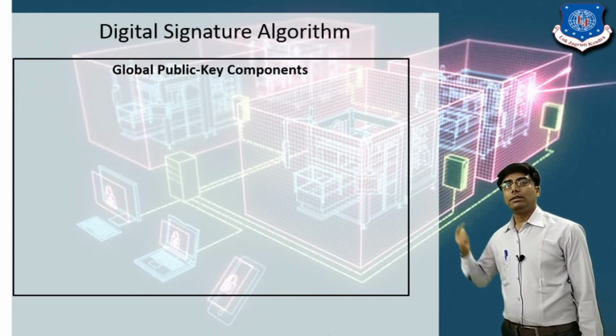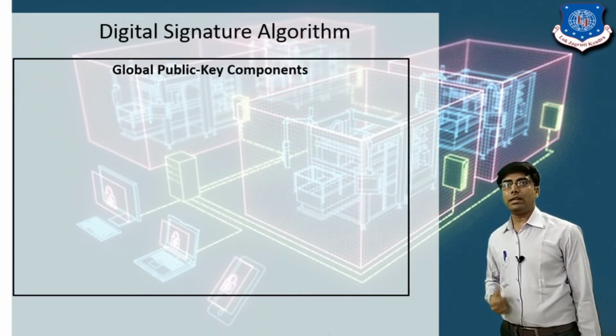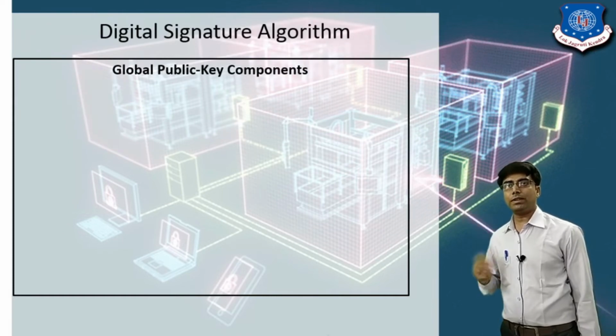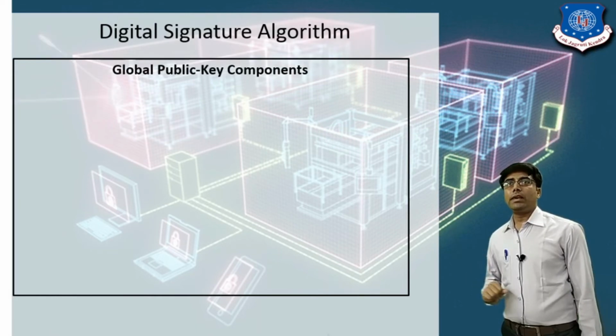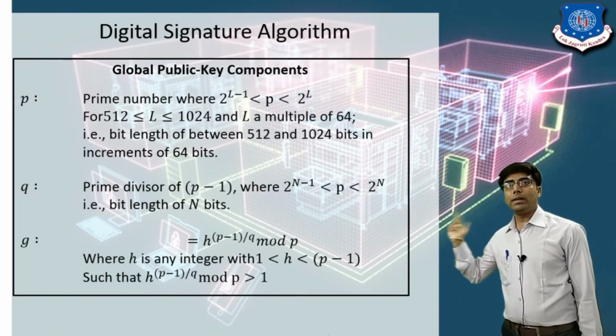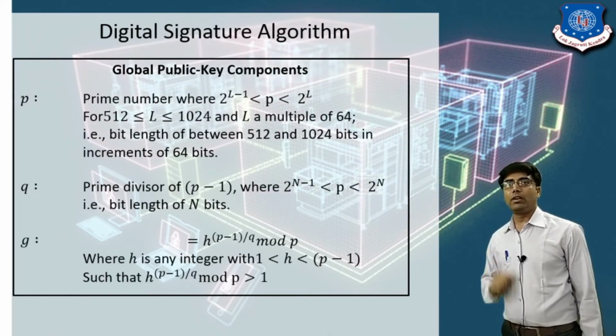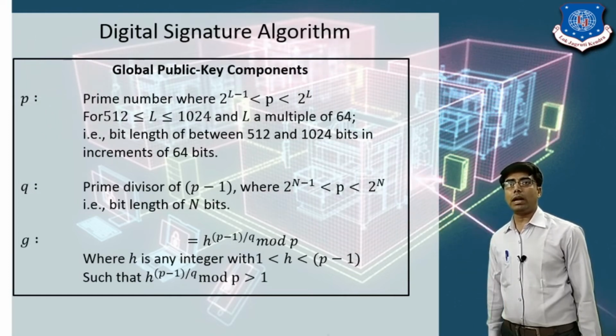So let's see the algorithm of DSA. First of all, we are considering the global public key components. Here we are considering three global public key components: P, Q, and G, and these should be public.